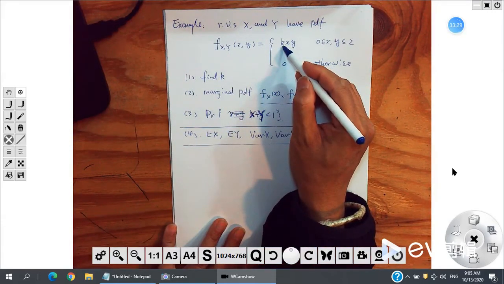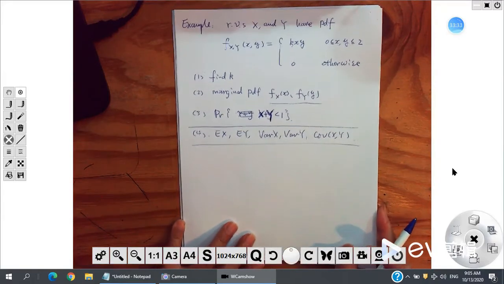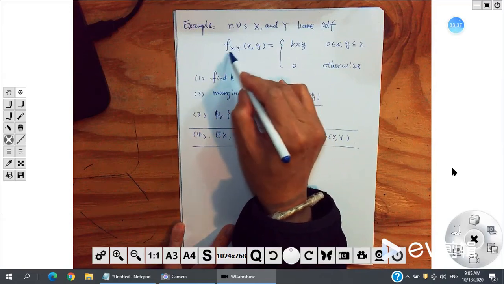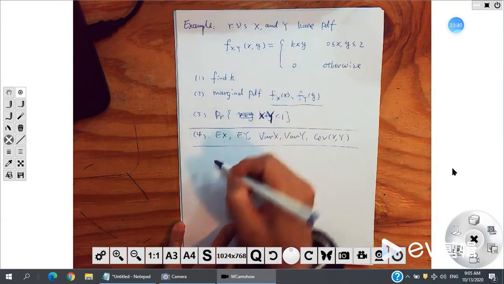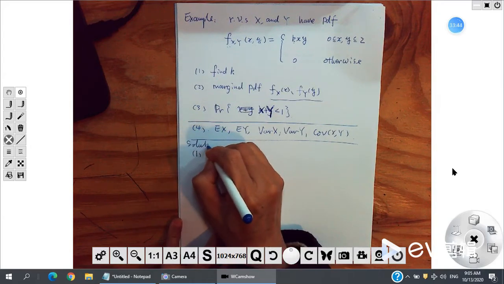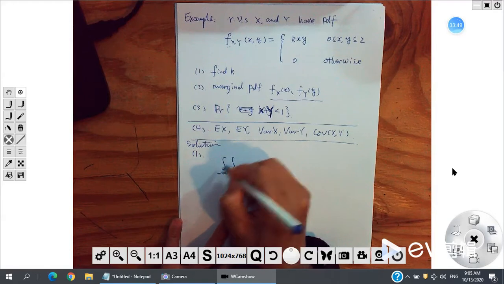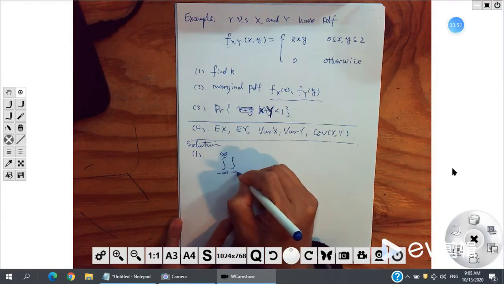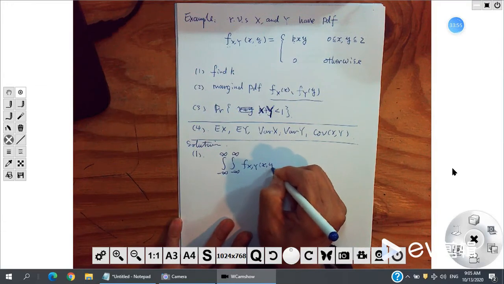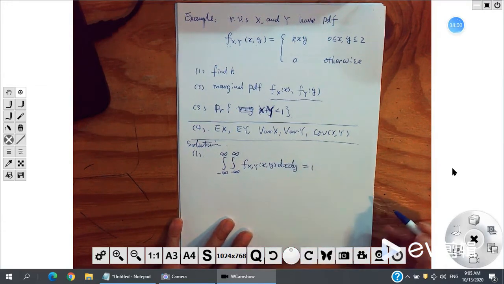Now, what is this k? The principle is the same. The overall probability should be 1. We have a density here, so we integrate. The overall integral of the density should be 1.